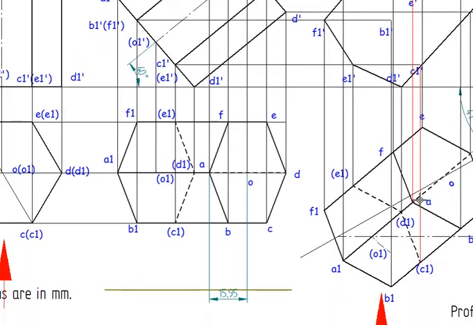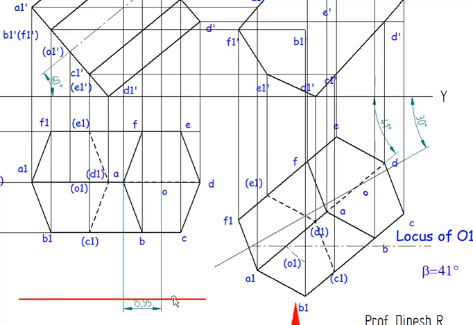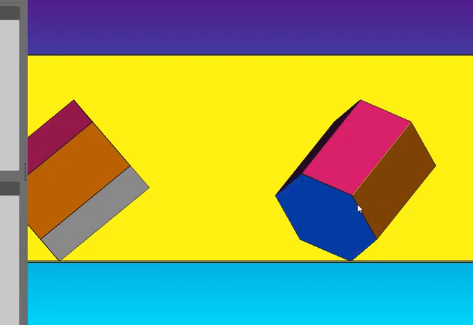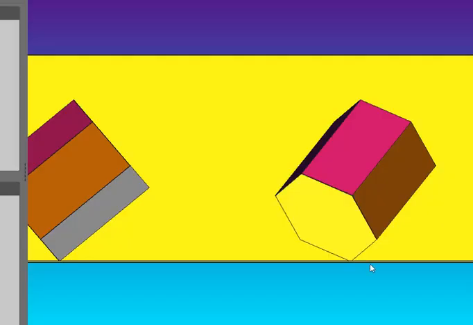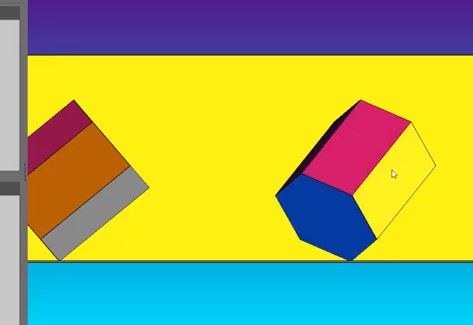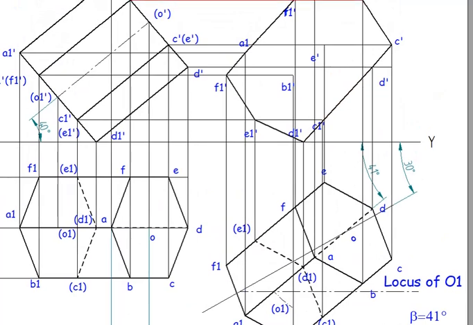Now I need to consider the nearest point for an observer, that is nothing but B1. So here in the solid, this point is B1. Lines joining B1 to A1 and to C1 are visible edges. So from here, B1 dash to B1 is the thick line. From B1 to A1 is thick line.